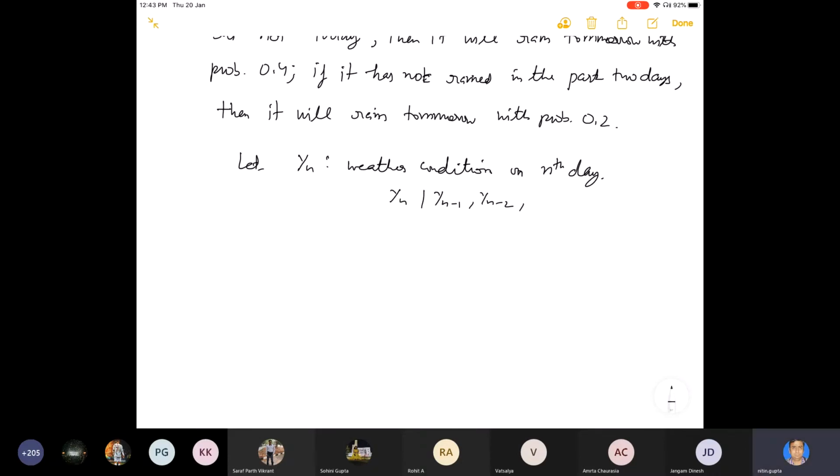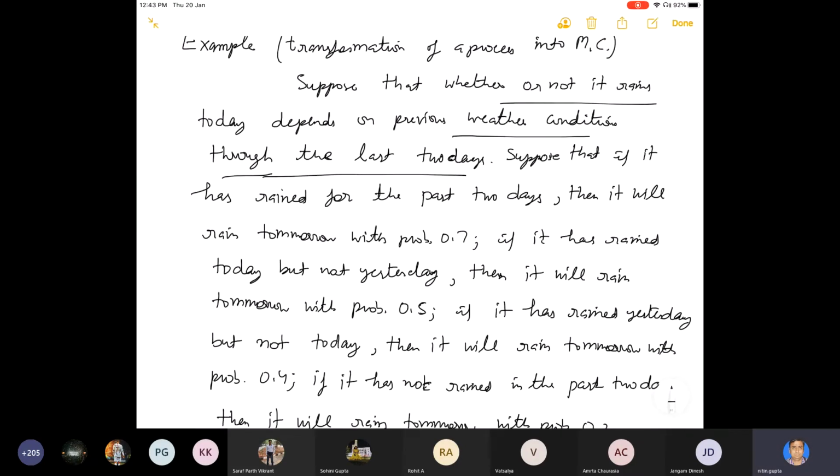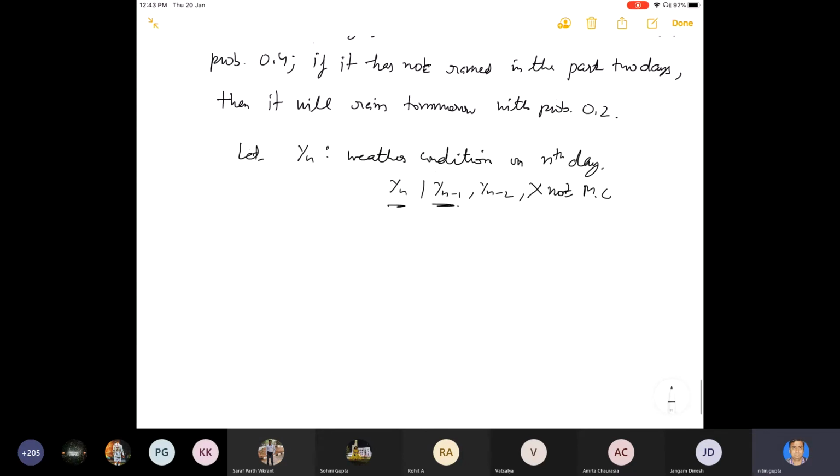But that is not the definition of a discrete time Markov chain, which should depend on the previous state only. So Yn is not a discrete time Markov chain.